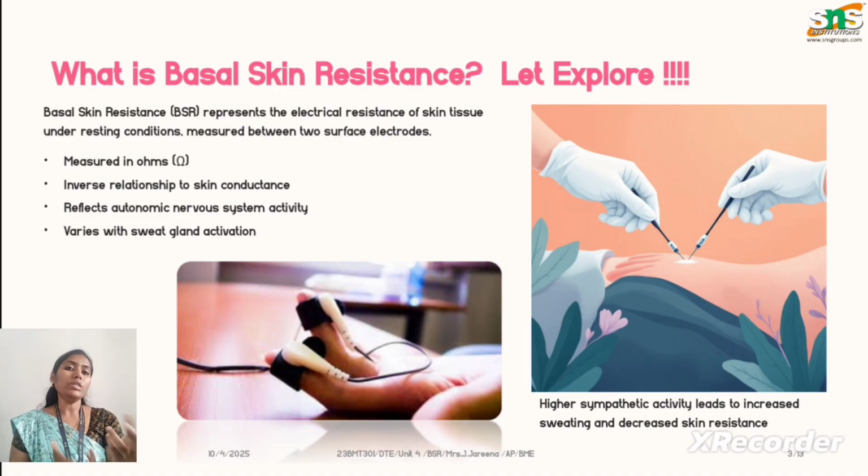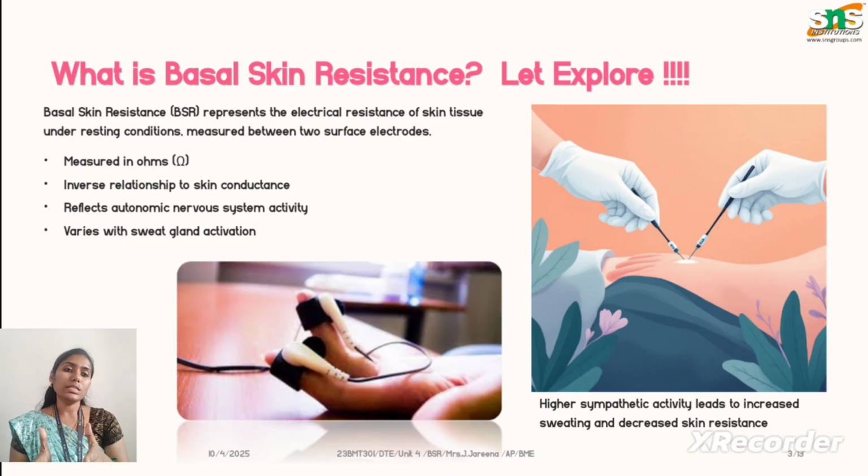Basically, the autonomic nervous system is found in two types. One is sympathetic activity, another one is parasympathetic activity. The sympathetic activity takes everything to a higher end, that is high heart rate, high blood pressure, and high stress level and so on. Whereas the parasympathetic is just the opposite. It slows down all the processes, like slow heart rate, low BP level, and low stress level.